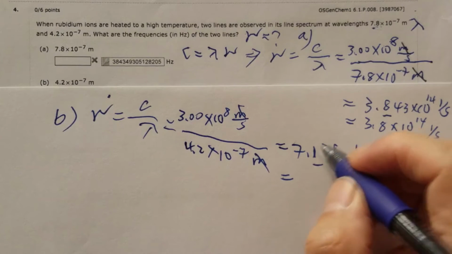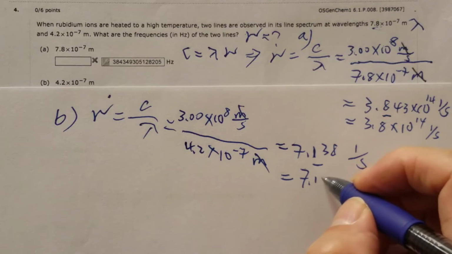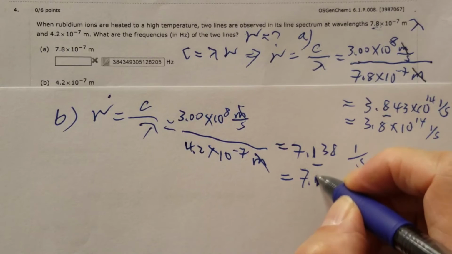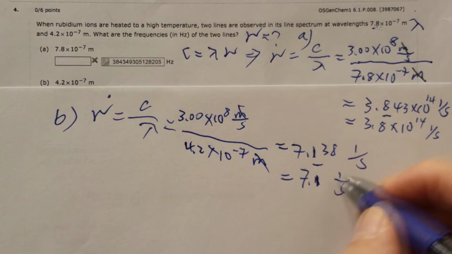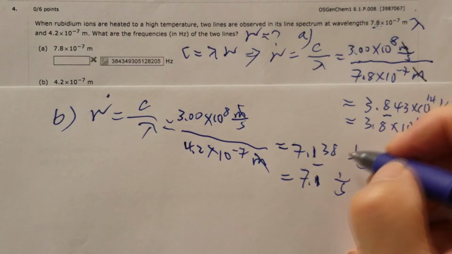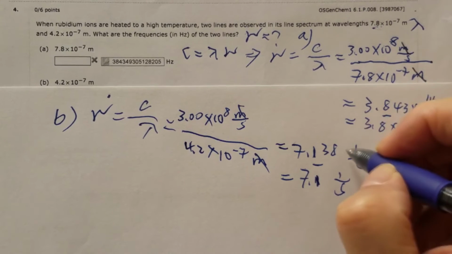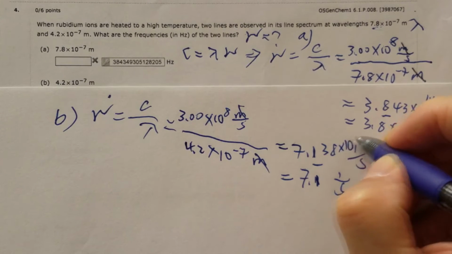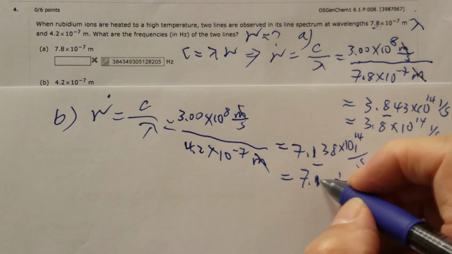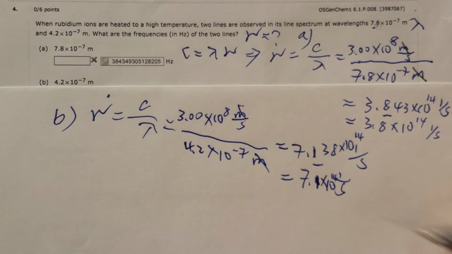So again, do the round up. That's 3. We can just simply drop that digit and the ones after that. So that should be 7. Oh, actually, there should also be 10 to the 14th. 7.1 times 10 to the 14th.